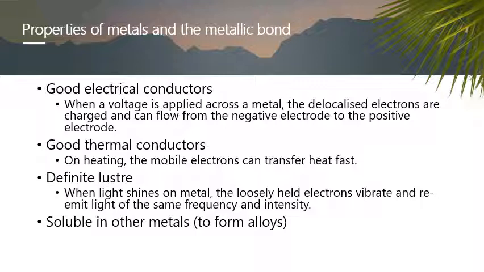They are good conductors of thermal energy because on heating, the mobile electrons can transfer the heat very fast. They have definite luster, which means they are shiny, and this has to do with the properties of the electrons present, whereby they can emit the light that is shining on it. Metals are soluble in one another, and that's how we form the different types of alloys.